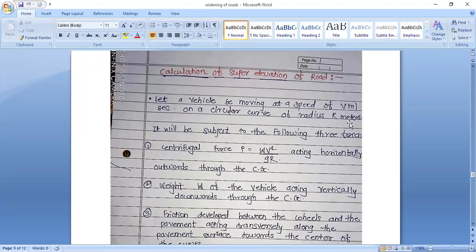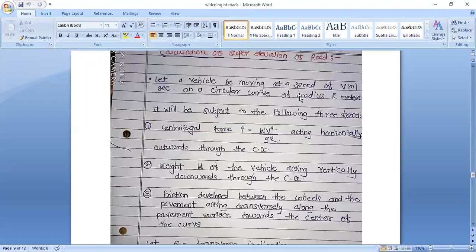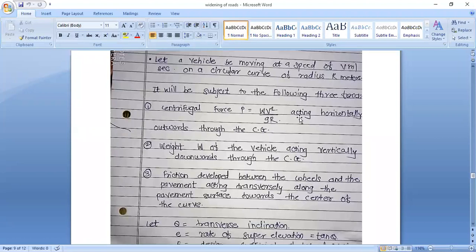Then it will be subject to the following three forces.